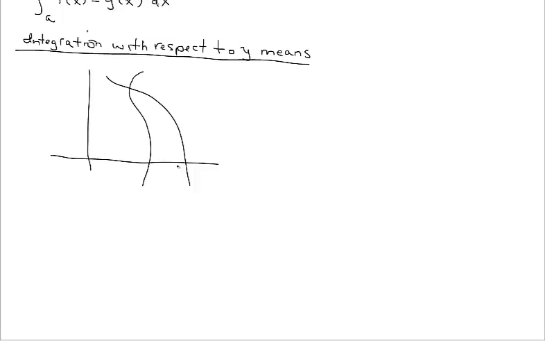So for us, we may be interested in finding the area, say, from this starting horizontal line right here up until we get to this natural intersection point right here. Let me call this first graph that I drew x equals f of y.